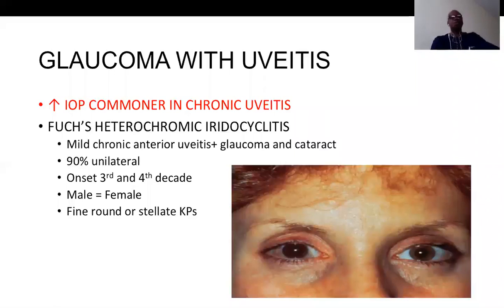Now, in this group, you have Fuchs heterochromic iridocyclitis, which tends to occur as mild chronic anterior uveitis with glaucoma and cataract, and is unilateral in 90% of cases. The onset is usually from the 3rd to 4th decade, and prevalence is equal in male and female gender. On examination, we tend to find round and stellate KPs.